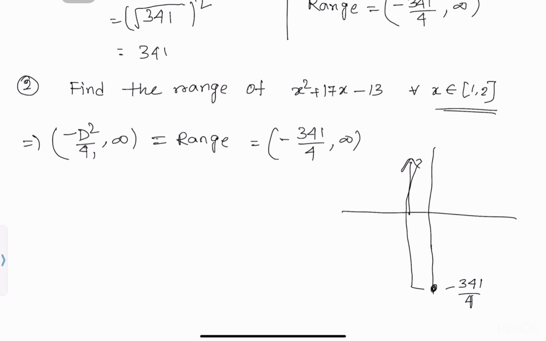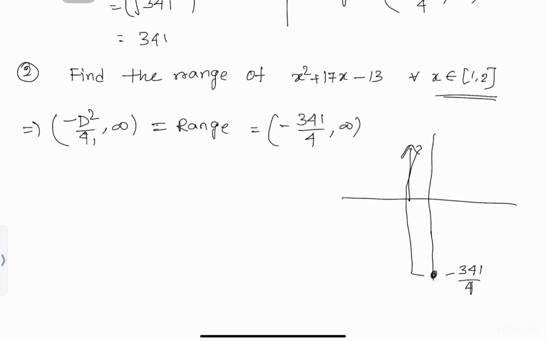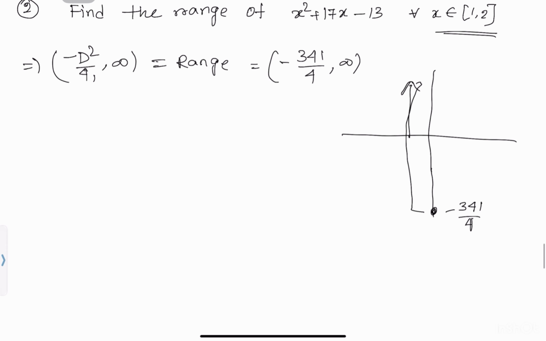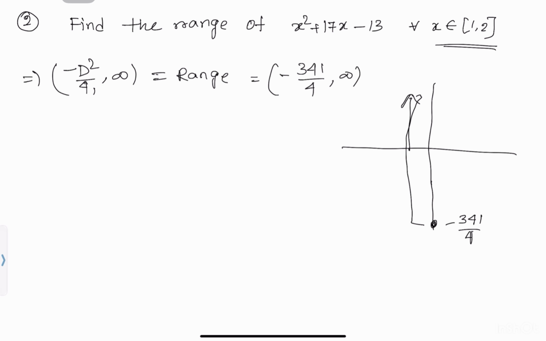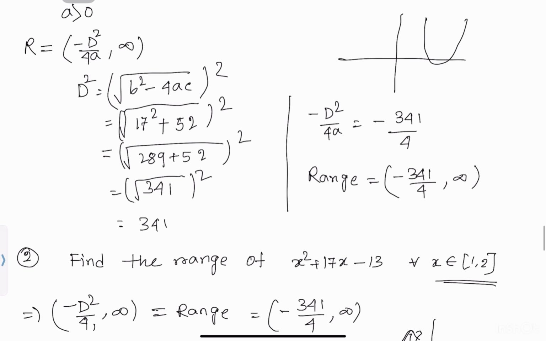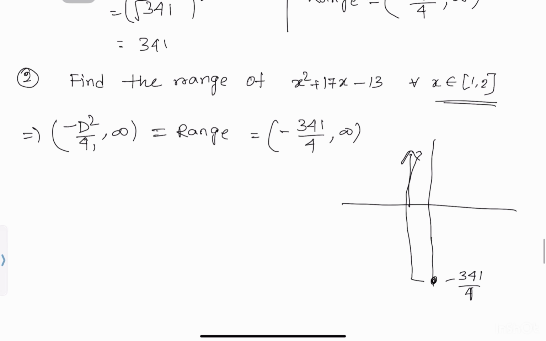But our restriction is in between 1 comma 2. So for x belonging to 1 comma 2. In the previous case, our domain was the whole real number, but here the domain is x belonging to 1 comma 2. That means a restriction is there.